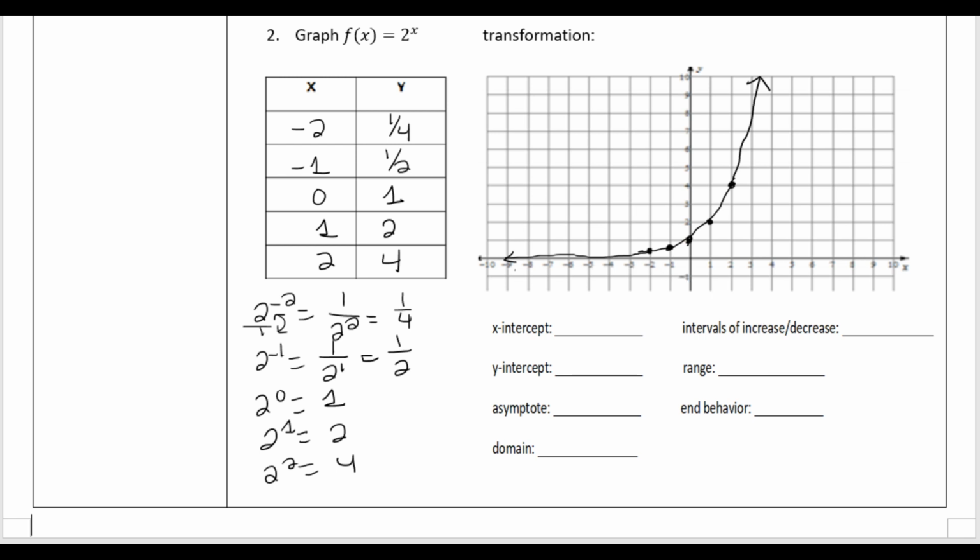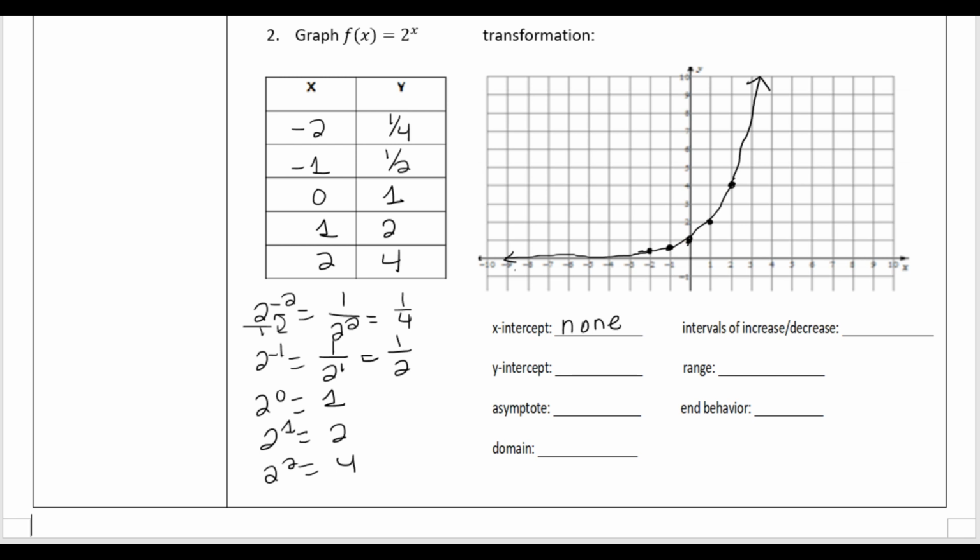All right, so now let's do the x-intercept. Since this approaches the x-axis but never actually crosses it, that means that there is no x-intercept. Okay, so there is none. All right, so for this guy, since there is no x-intercept, that means that this is a horizontal asymptote.